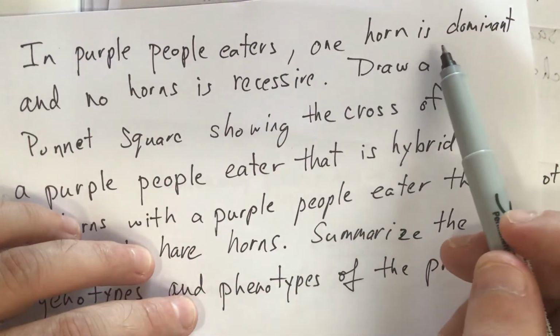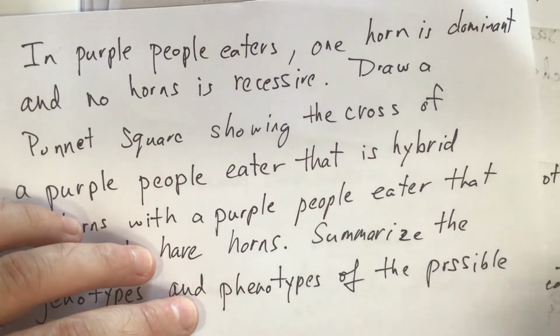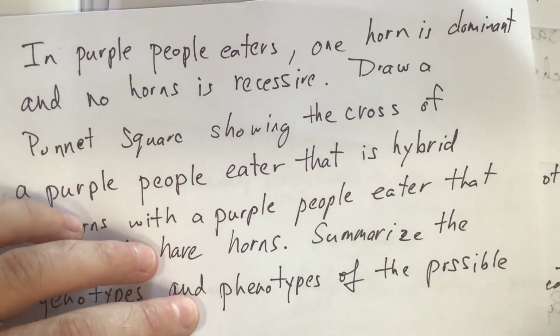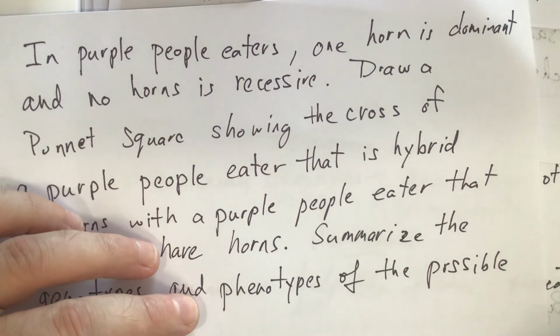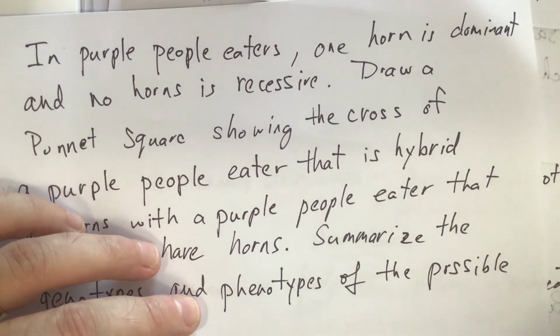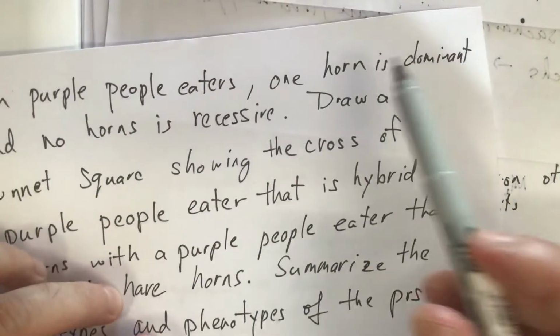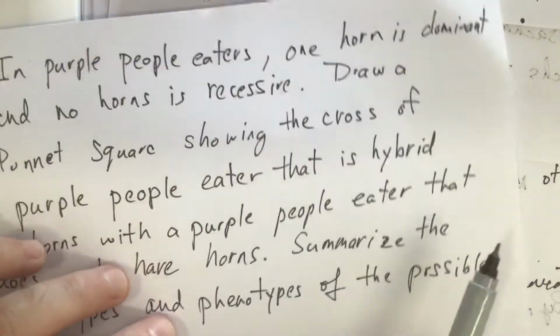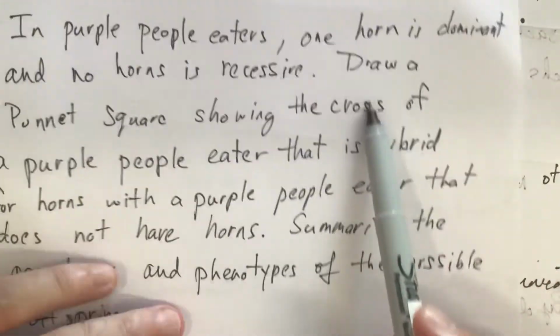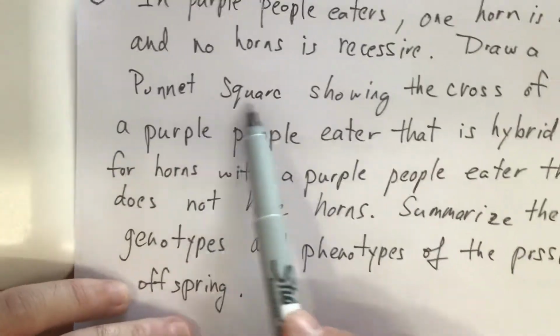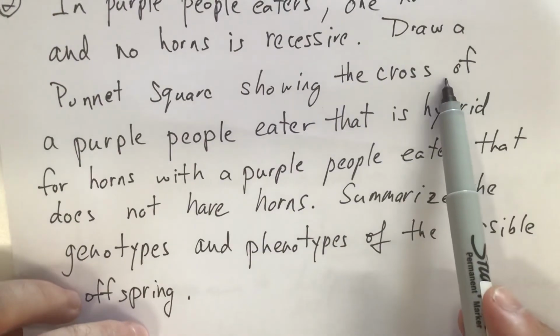One horn is dominant and no horns is recessive. So these are monsters, zombies that have horns. Okay? So it seems like most of them will have at least one horn because that's dominant. It says draw a Punnett square showing the cross.